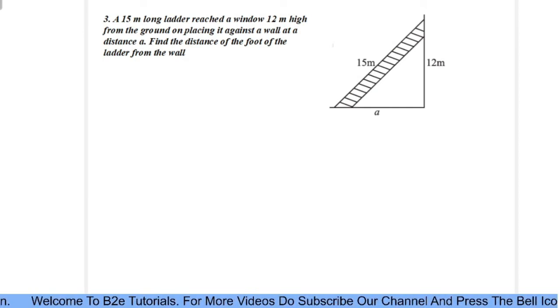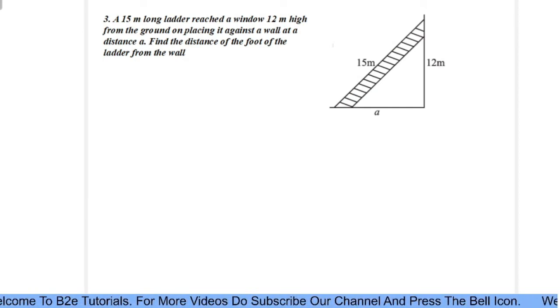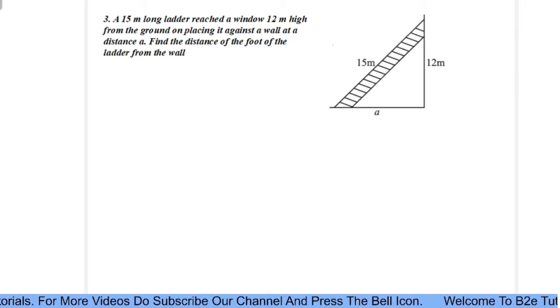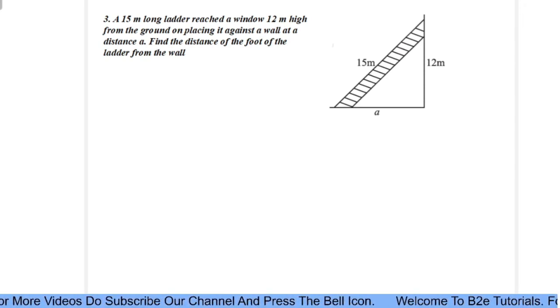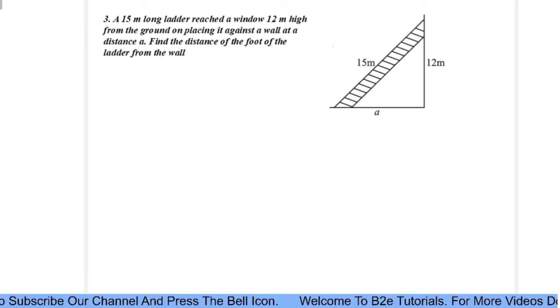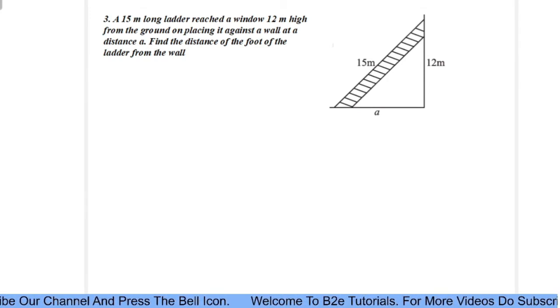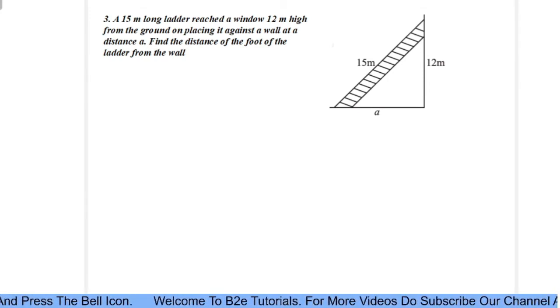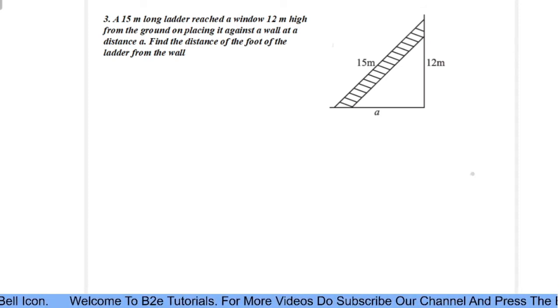Question number 3. A 15-meter long ladder reached a window 12-meter high from the ground on placing it against a wall at a distance E. Find the distance of the foot of the ladder from the wall. See this figure. It is right angle.